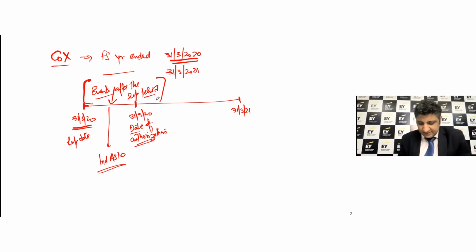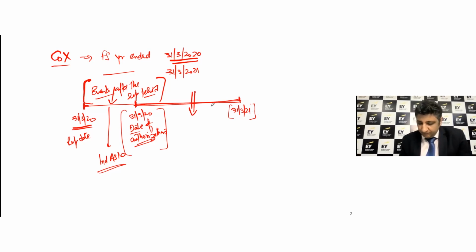But the other aspect that starts coming is that in case anything happens during this period, let's say post the date of authorization and up to the date of year end, which is ended 31st of March 21, if something happens, how do you deal with that? How do you address that part, or when do you report that?